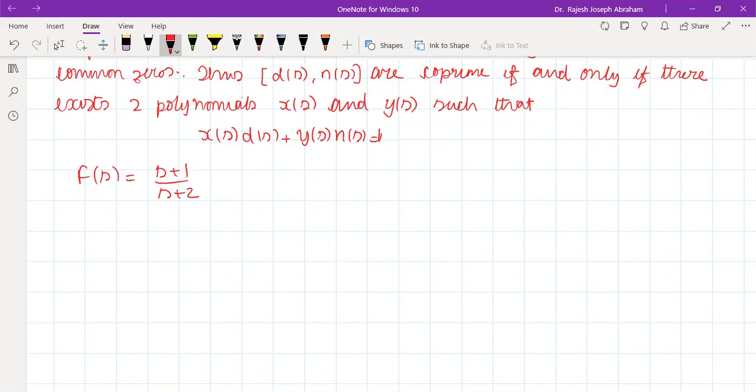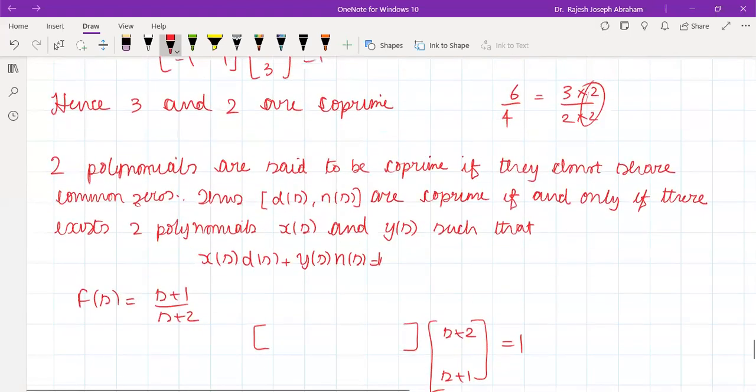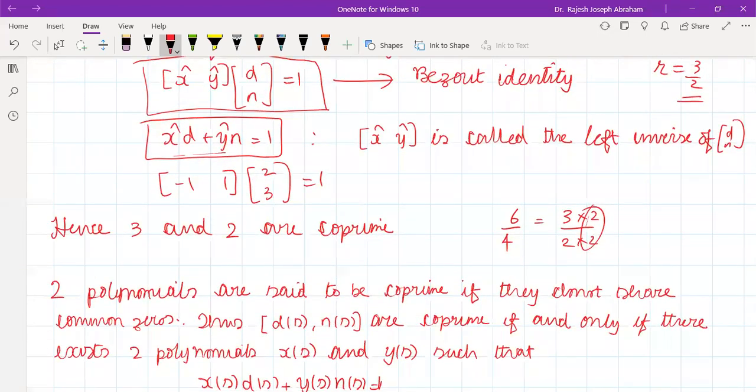Okay. And what will be your X and Y here correspondingly? Tell me what could be possible X and Y. So denominator is S plus 2 and this is S plus 1. What could be the possible X and Y here?